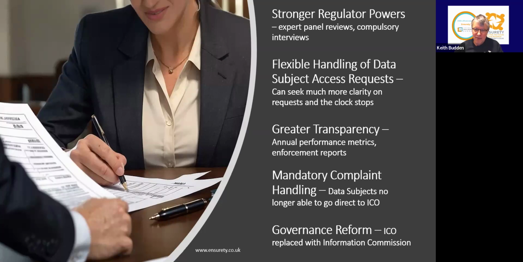It introduces a more flexible handling of data subject access requests. It enables organisations to seek much more clarity on requests and getting the clock to stop. So at the moment, as it stood until this act came in, the act said that you had 30 days to provide somebody with the information from the date they made the request.